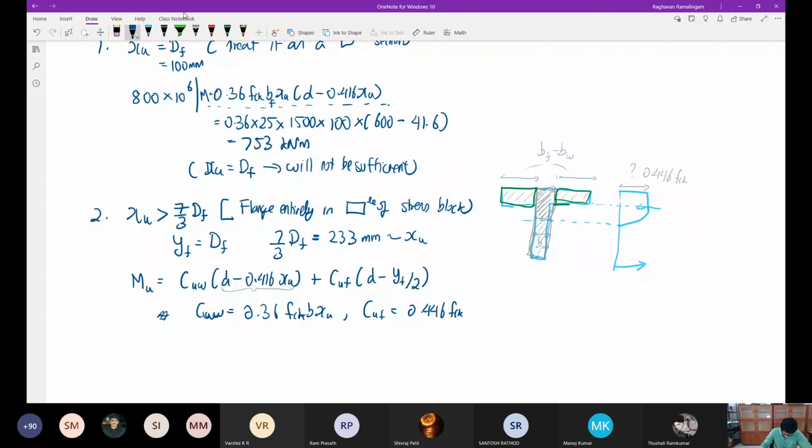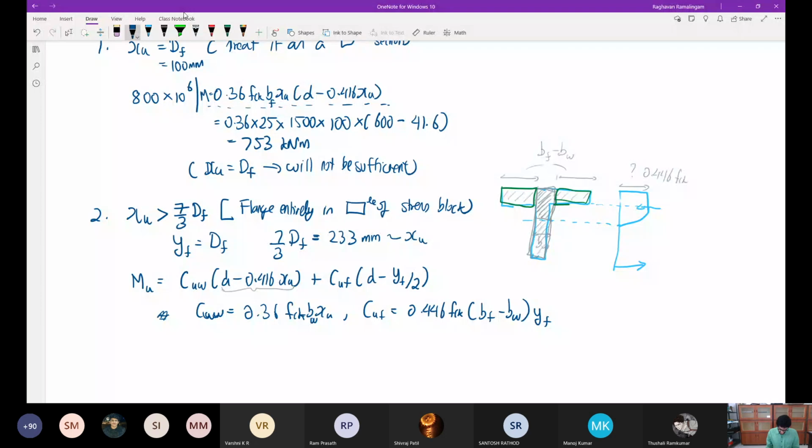Into, you do not have BF, sorry, this is BW. So the remaining part of the flange is BF minus BW, and instead of XU you will have YF.